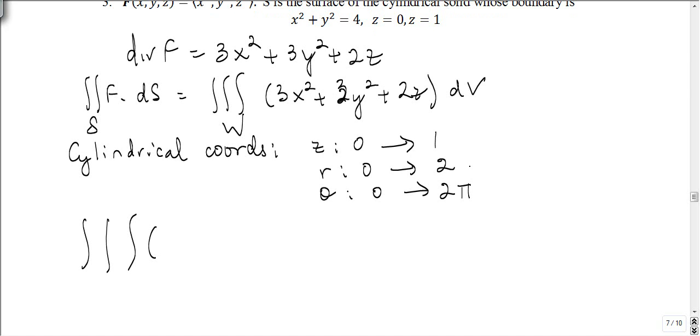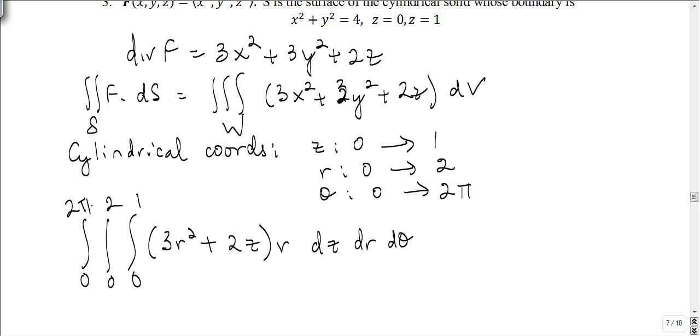Convert that to 3r squared. 2z, right? Leave the 2z because we're in cylindrical. What else? Times r. Now, remember for cylindrical, we need dz, dr, d theta, 0 to 1, 0 to 2, 0 to 2 pi.